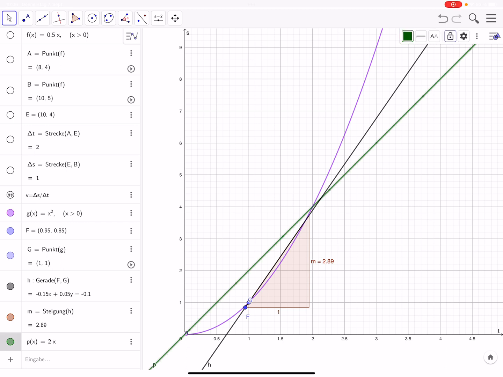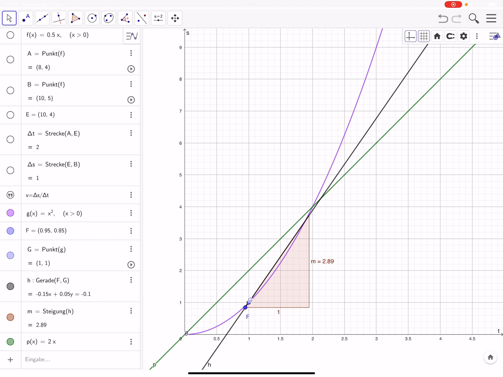So the velocity is increasing, but it's a linear graph. If we want to find out the acceleration, then we would be looking at the slope of that line, because the acceleration is the change of velocity in a certain time. And we can see this is quite easy.